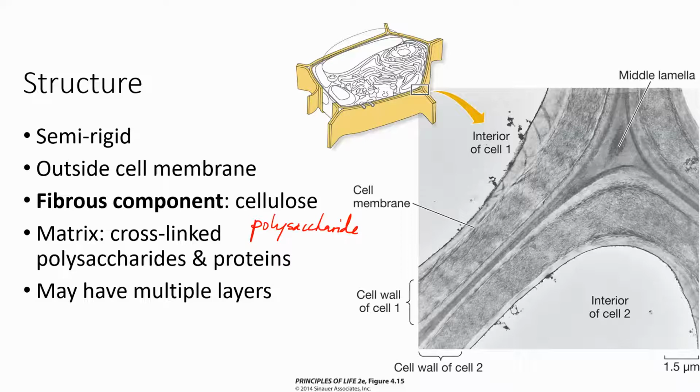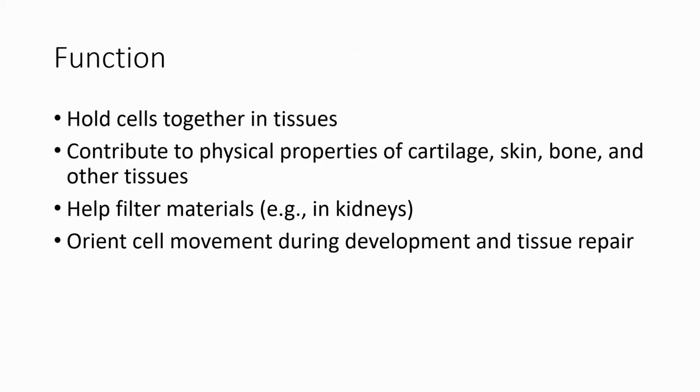It is not digestible by most organisms. In fact, the organism that's easiest able to digest cellulose is usually bacteria. So if you see anything that eats a lot of plant matter, chances are good they've got some symbiotic bacteria helping them digest the cellulose. The matrix is made up of proteins linked with polysaccharides, and you can have multi-layered cell walls as well. The extracellular matrix is found outside of plant cells.